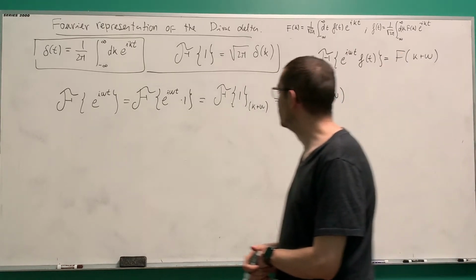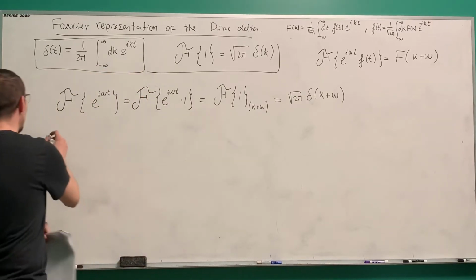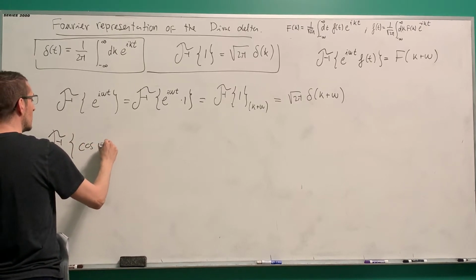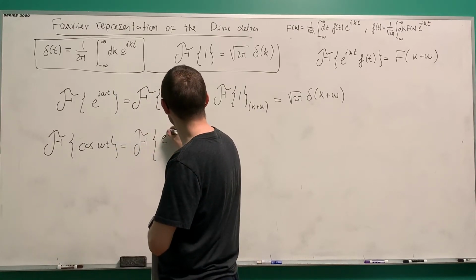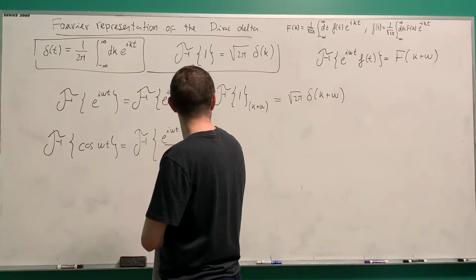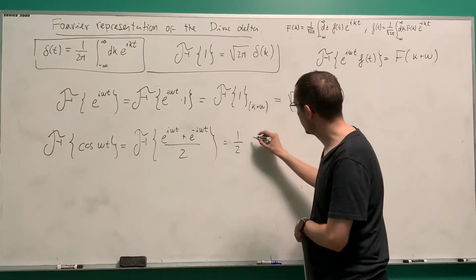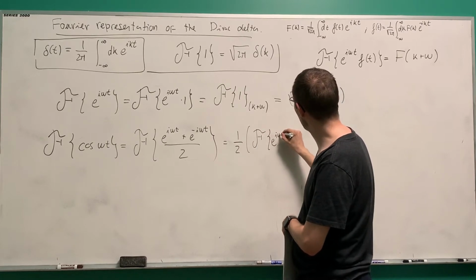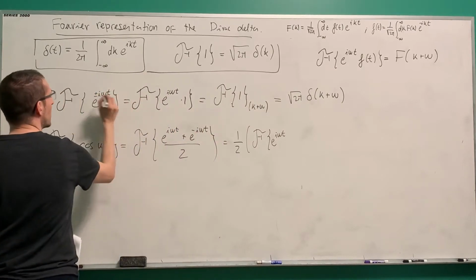Wonderful. Now, what this is telling me is that I can do the Fourier transform of the cosine omega t, because, remember, this is the Fourier transform of e to the I omega t plus e to the minus I omega t, divided by 2. That means this is 1 over 2 times the Fourier transform of e to the I omega t. Well, if I add a minus here, let's do both at the same time: plus minus.